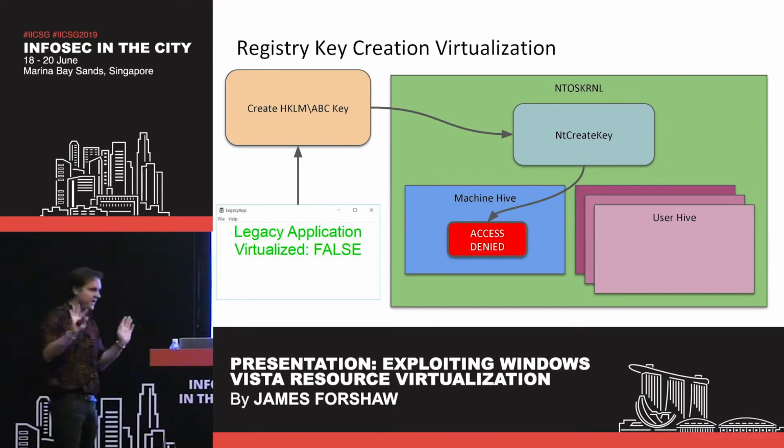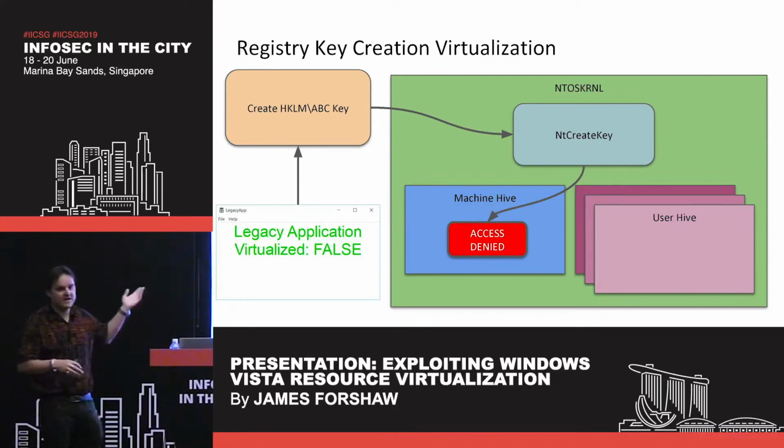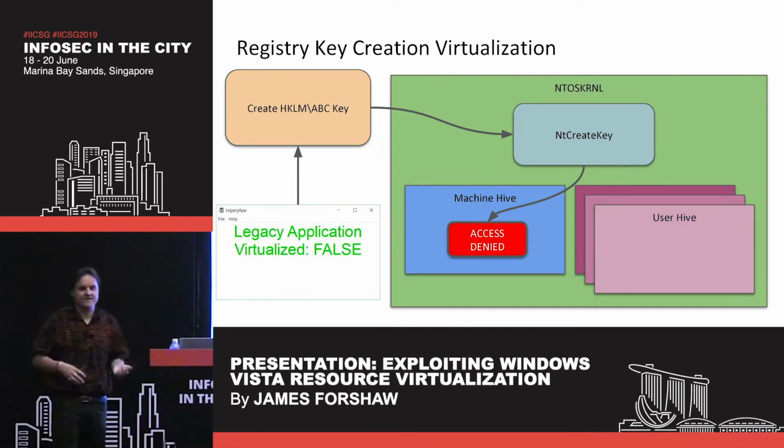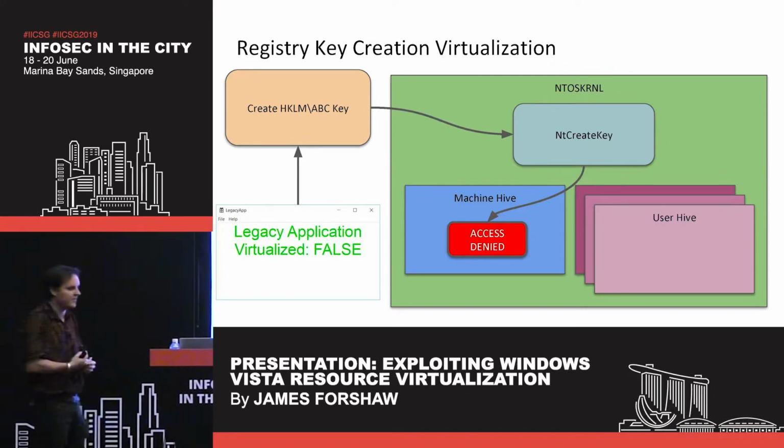Access denied. Sorry, goodbye. And of course, that's exactly the problem of legacy applications. They're trying to create these registry keys in local machine, getting access denied, and either blowing up because they never expected it to even fail, or at the very least, just stop working because, oh, I couldn't write my configuration key, therefore I'm just going to completely bomb and stop working properly.